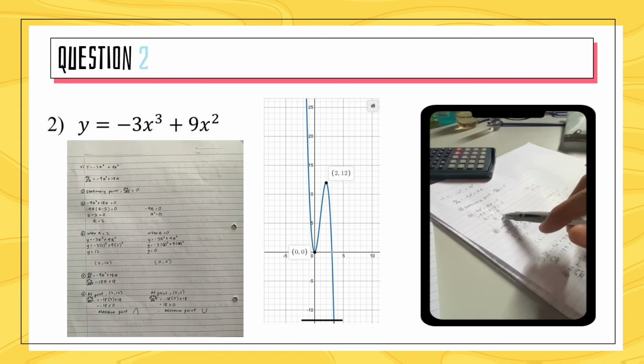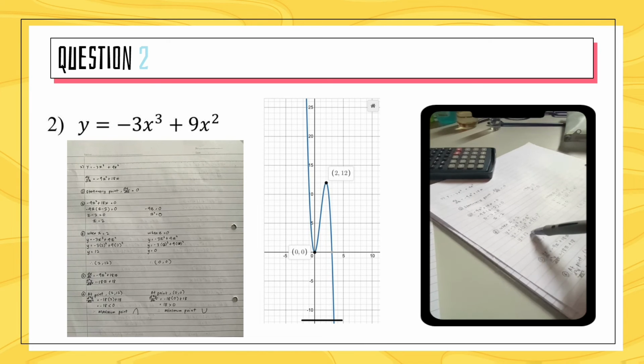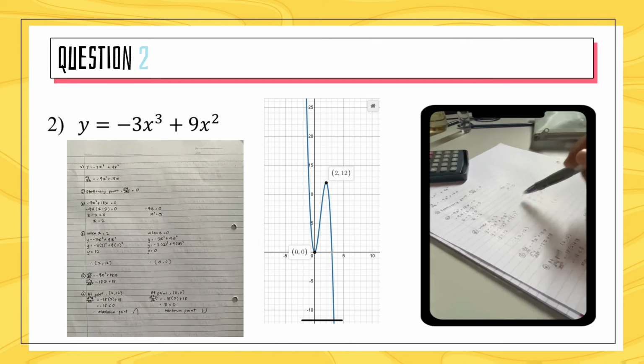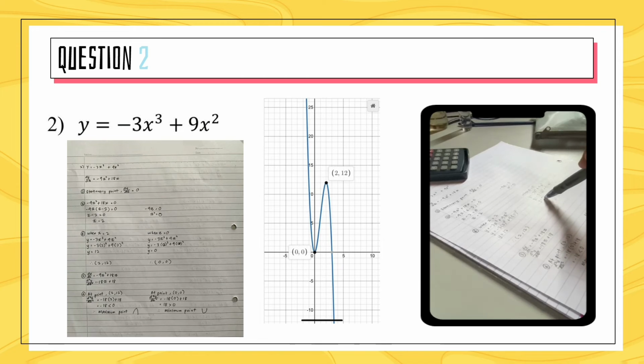We get y is 12. On the other side, the answer is 0. So we get 2 for x and 12 for y. On the other side, 0 for x and 0 for y.